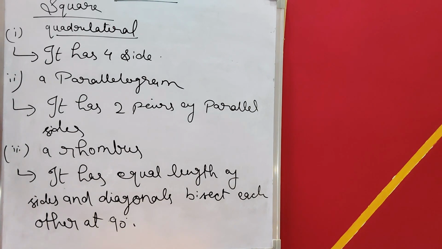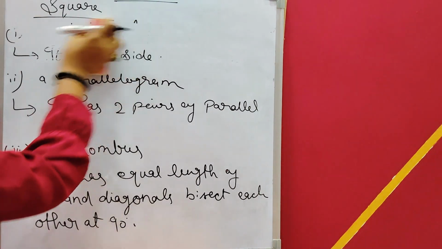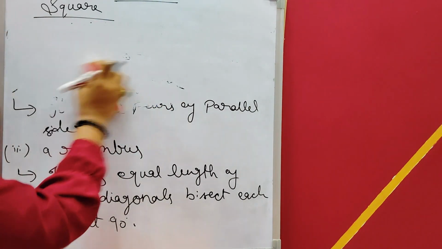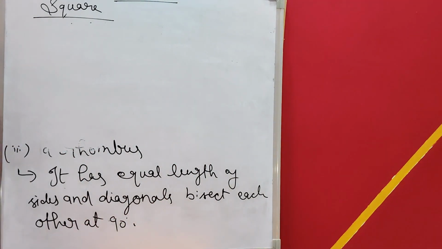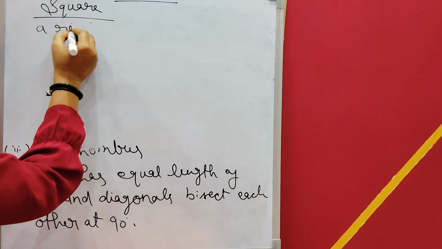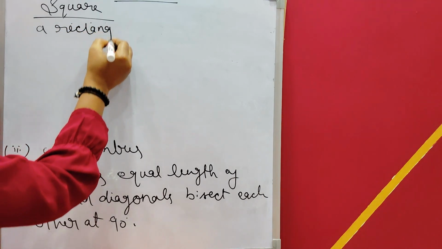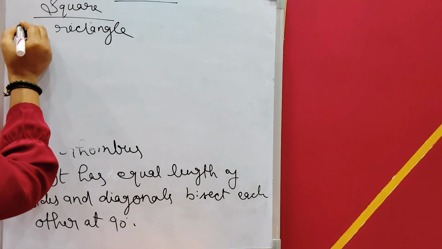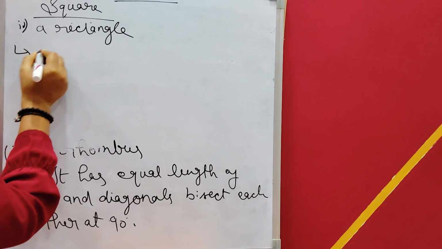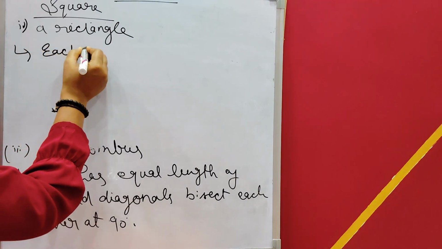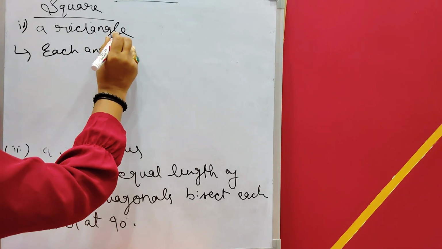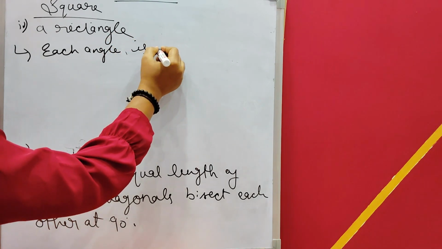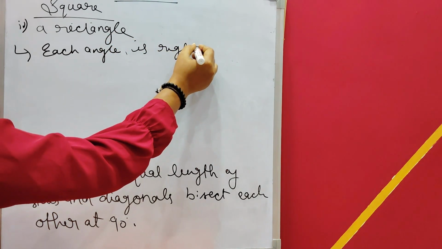Next we have to prove that it is a rectangle. Again you can say a square is a rectangle because each angle is a right angle. Each angle is a right angle.